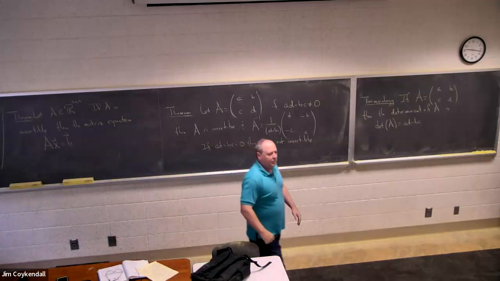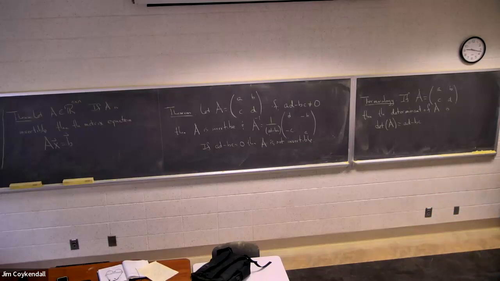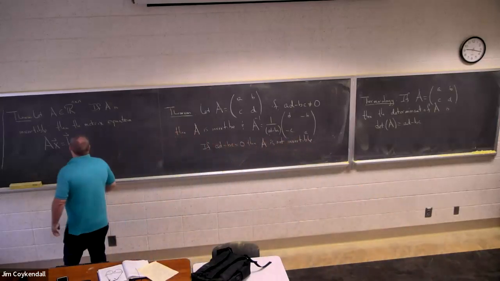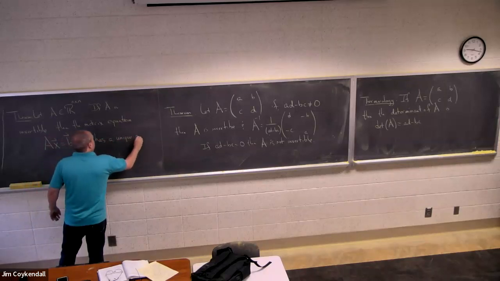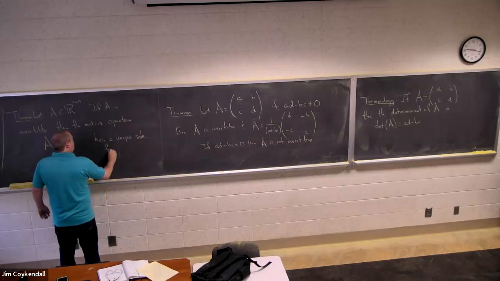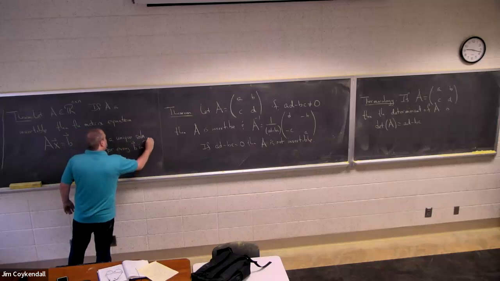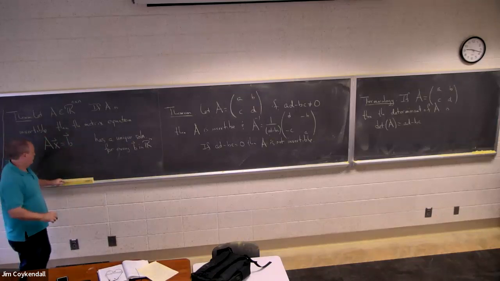This is one of the first things we did, we set up the augmented matrix. Now, this is a little bit more specialized because I'm assuming that the matrix is square. And actually, I'm going a step further than that. I'm assuming not only is the matrix square, but that it's invertible, right? If that is the case, then this matrix equation has a unique solution for every B in R^n. No matter what vector B you put in here, you can solve for X.